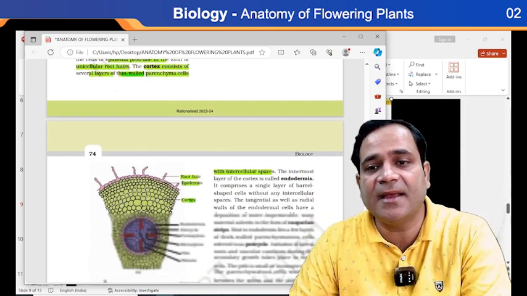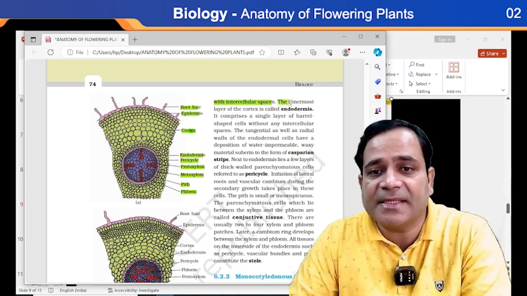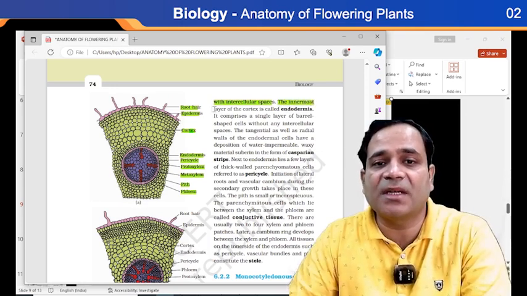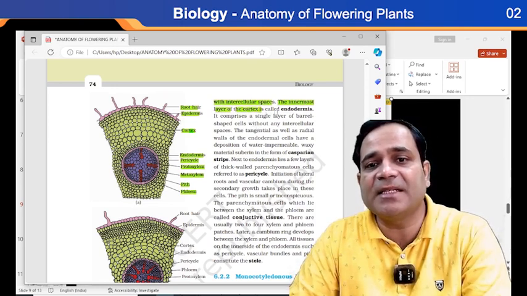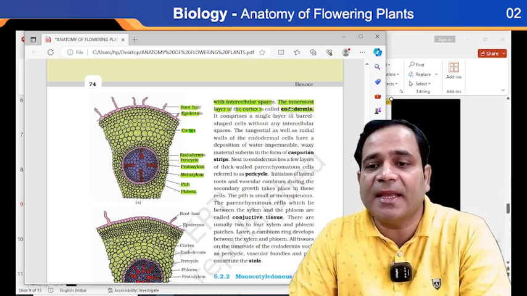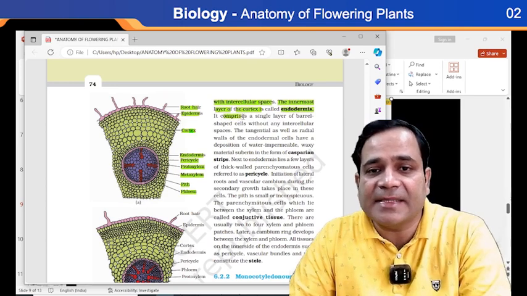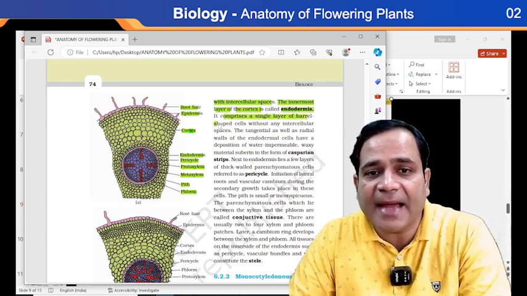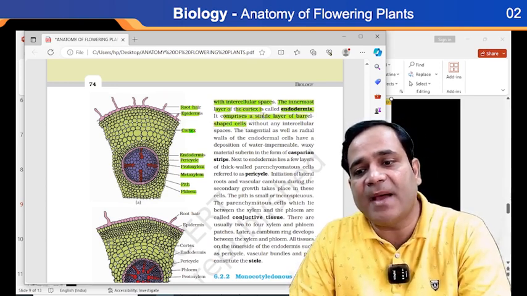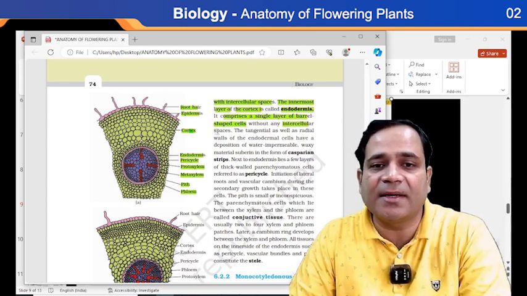The innermost layer of the cortex is called the endodermis. The endodermis comprises a single layer of barrel-shaped cells, without intercellular spaces.